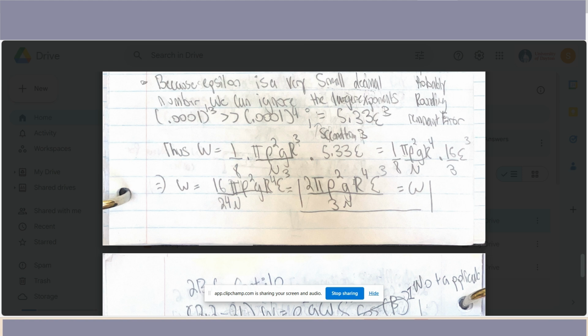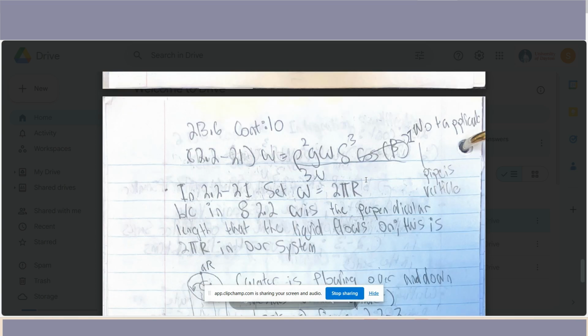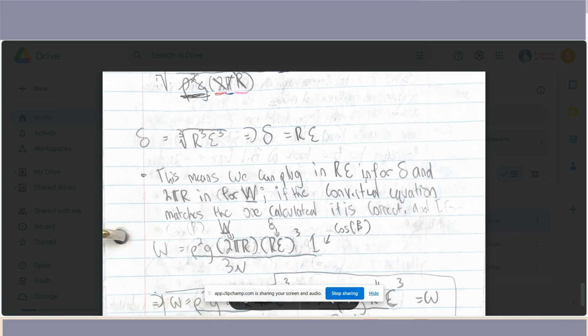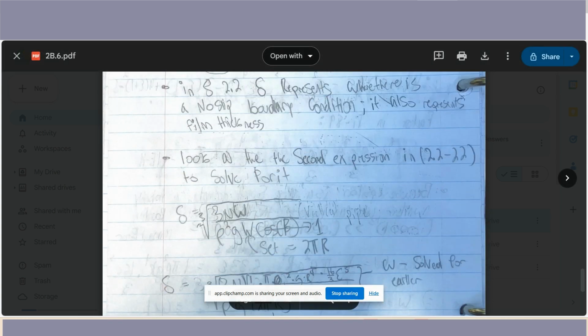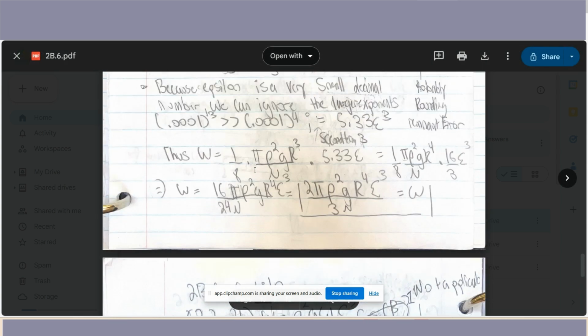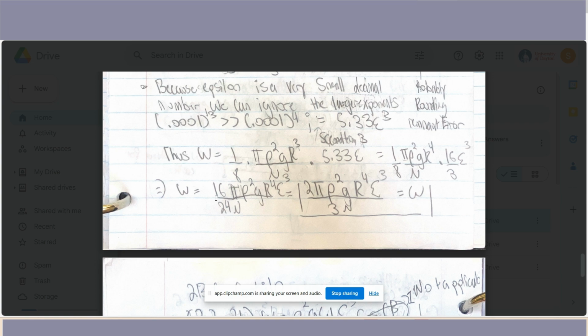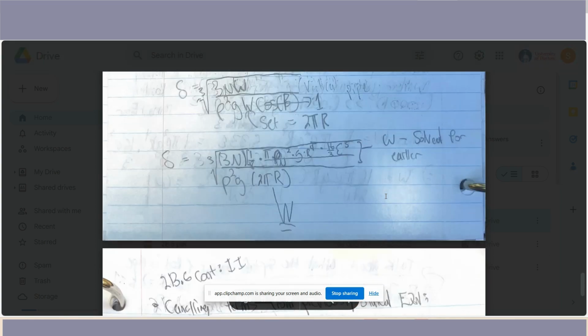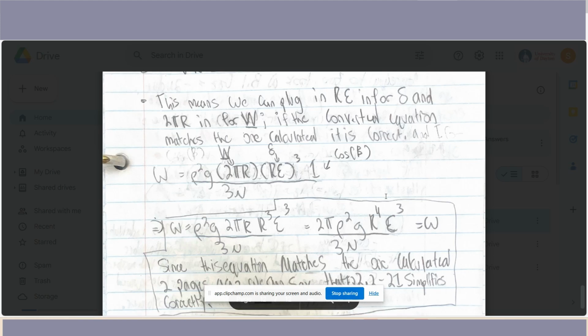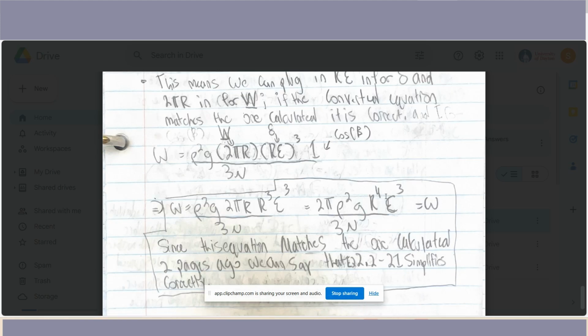It should just be sigma cubed times r. And yeah, 2 pi r. Does that make sense? Yeah, that makes sense. And that's what we do. So W equals this.